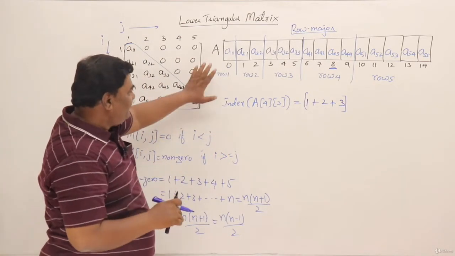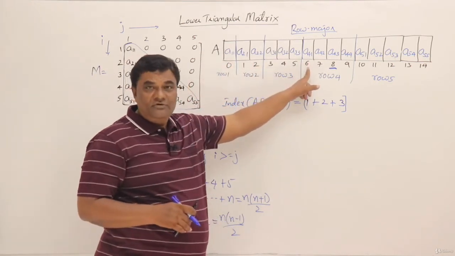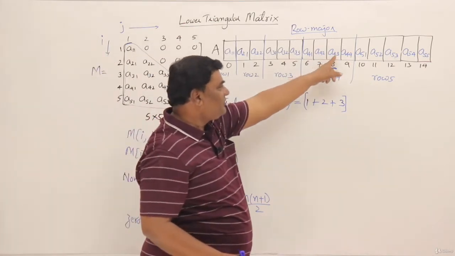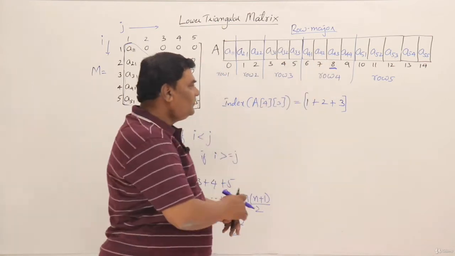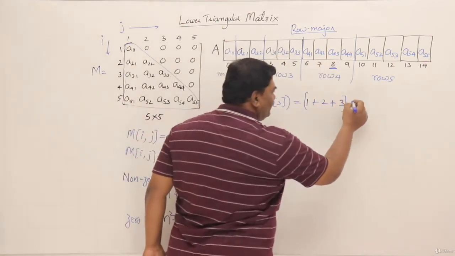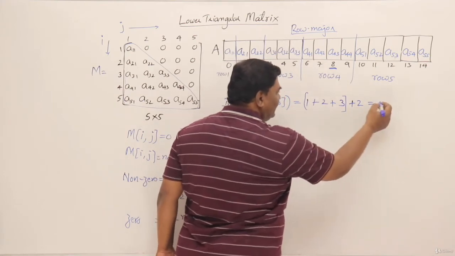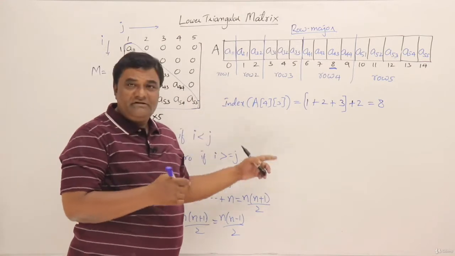Now, when I have skipped first row, second row, third row, I am here in the beginning of fourth row. Then how many elements I should move ahead to reach this 4, 3? I should move 1, 2. Two elements I should move. So plus 2. So if I take total, this is 8. So yes, I got the index. So this is for 4, 3.